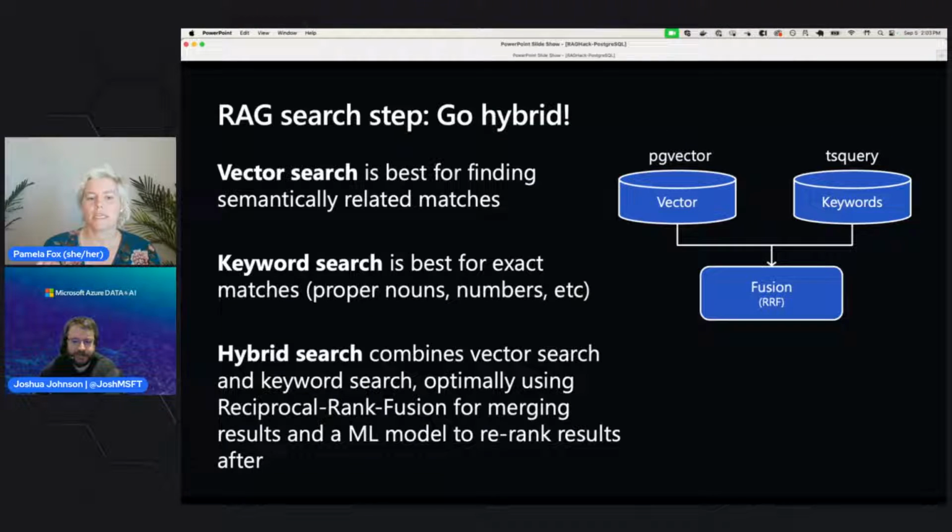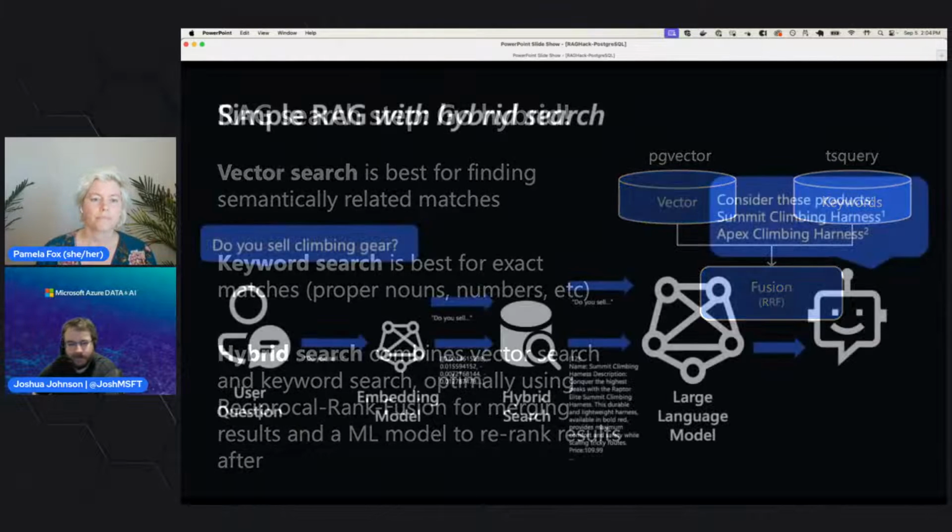Keyword search is useful if the user is searching for something exact, like if they're looking for an email address or someone's exact first name, last name, right? That's where you want to have a full text keyword search. And then we want to combine those results together, fuse those results together to rank all the results and have a fused result. So that is a hybrid search. And we're going to show how you can actually do that using Postgres.